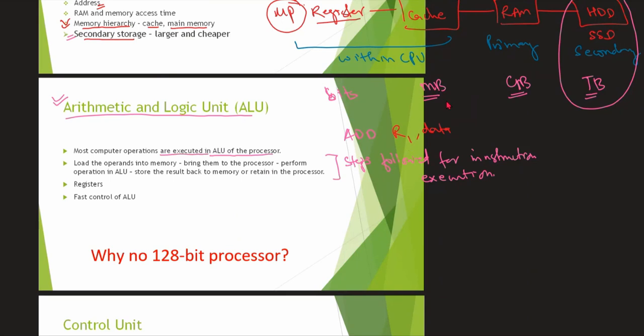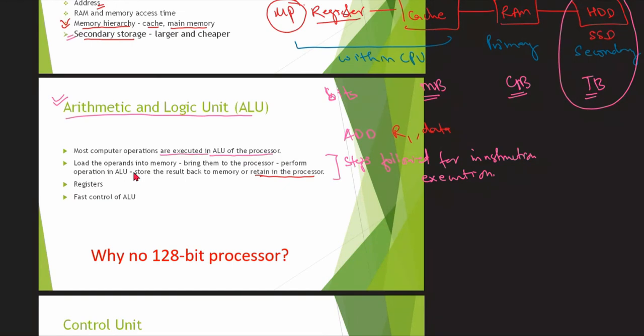The result can be stored back into the memory, or it can be retained in the registers of the processor. Retained in the processor means it will be retained in the form of registers. There are different types of registers available in the processor, which we will look at later. These registers are basically used as temporary registers to store the data for a temporary period.